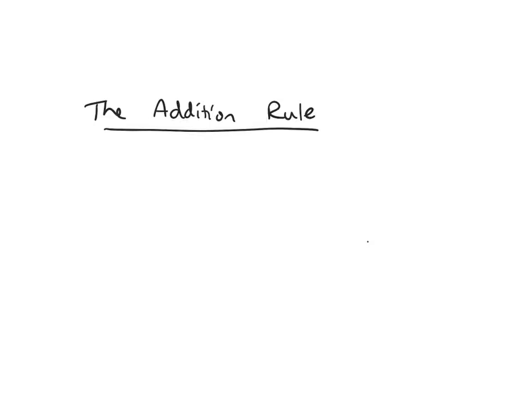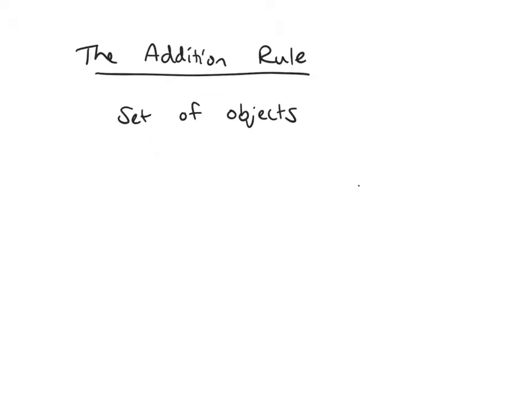So the setup for this: let's suppose we have a set of objects. I'm going to draw a picture, just an oval shape to represent a set of objects.